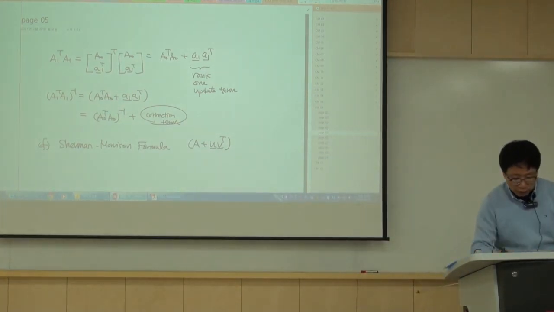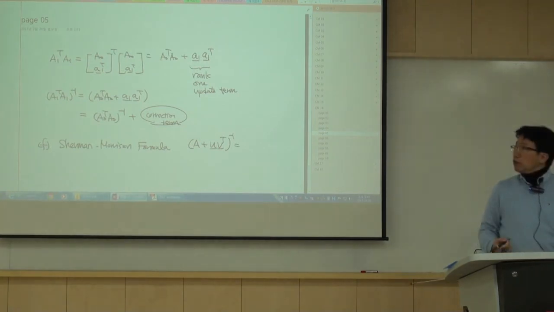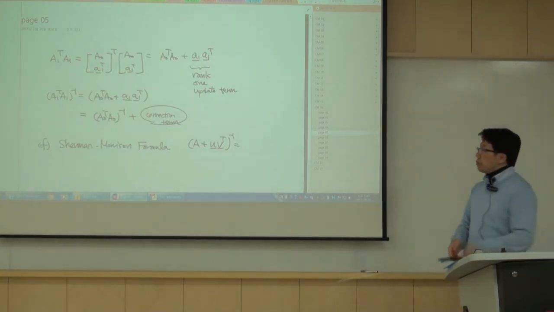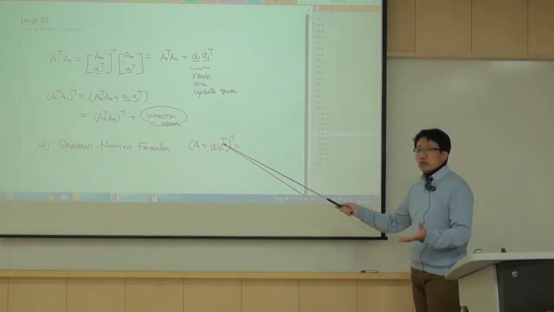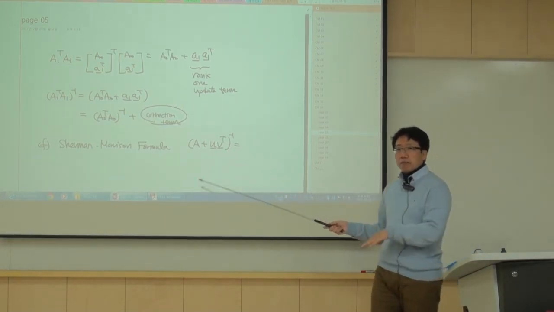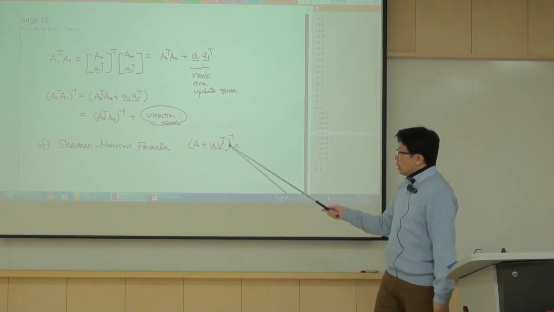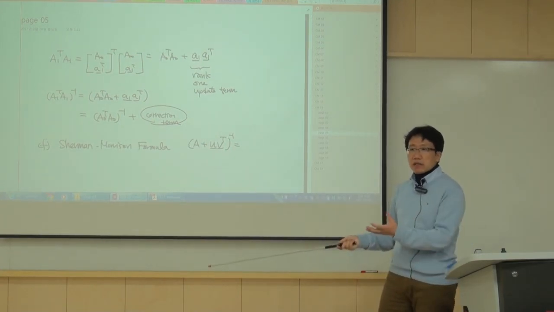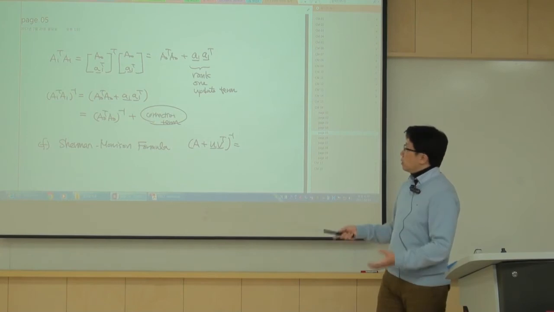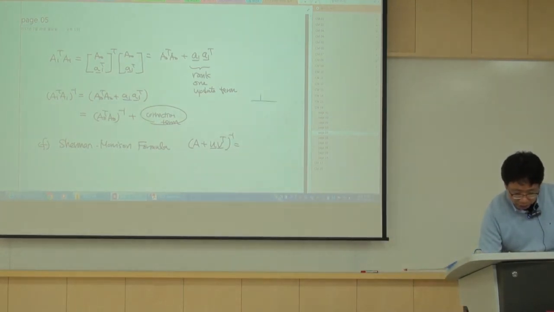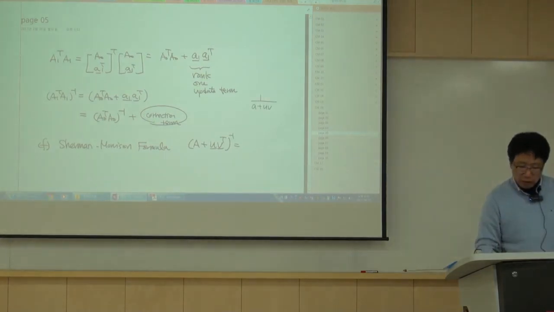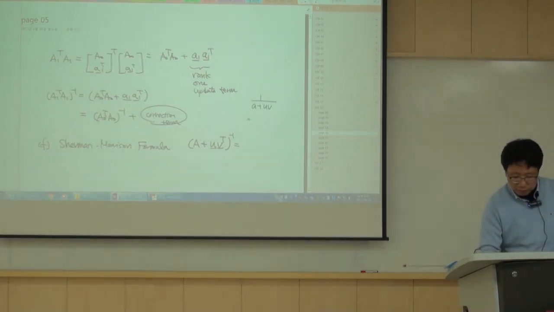By the way, do you still remember what is the inverse of this A plus U V transpose? I asked you to simplify and remember. So we regard the entire thing as scalars. Then what happens? We may have some idea like this. A plus UV. Hey, what can I do? Let me divide by 1. A inverse UV.